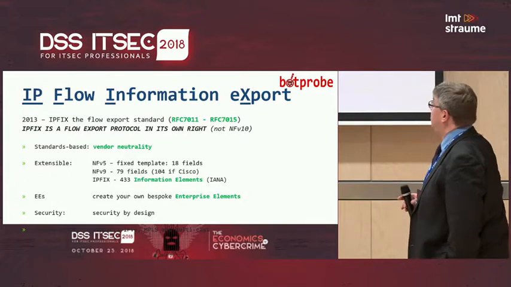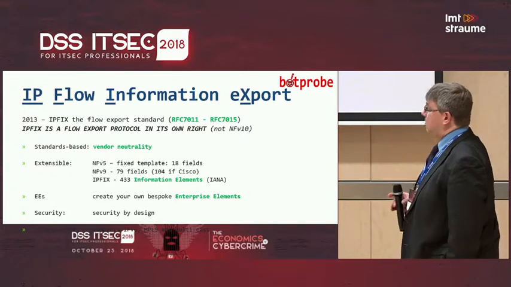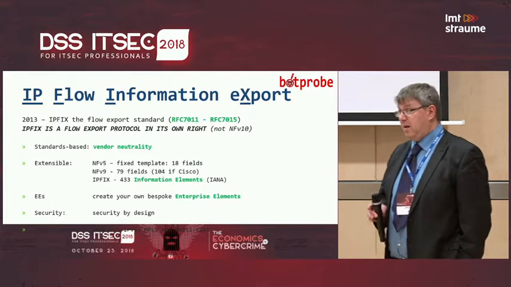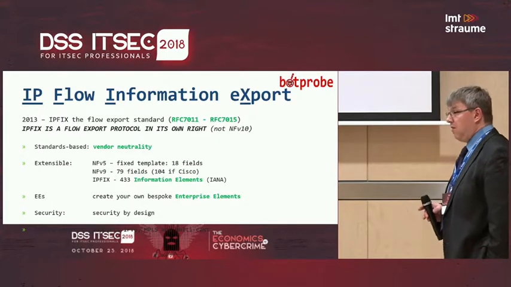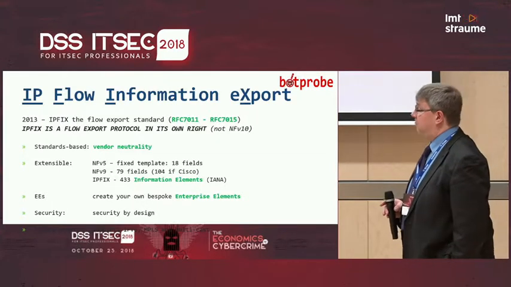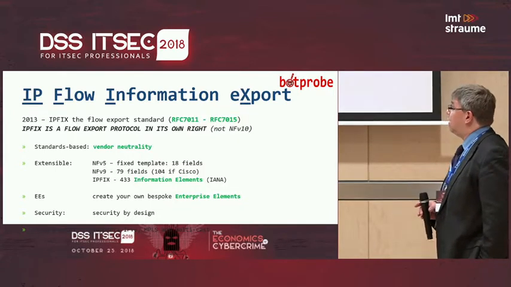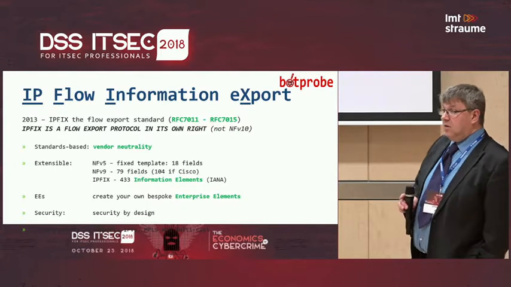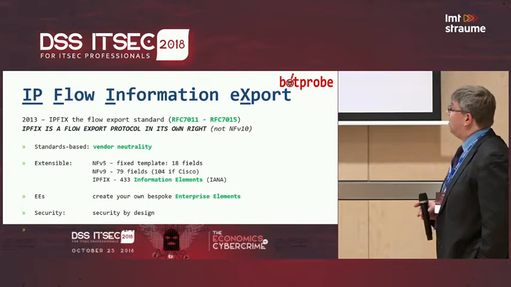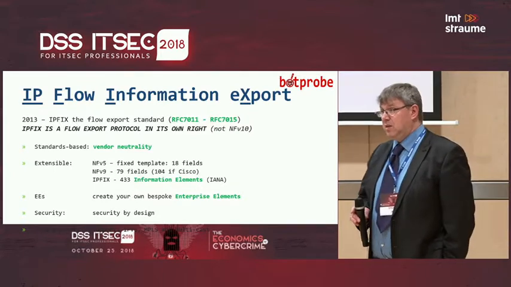It's extensible. NetFlow version 5 had a fixed number of fields. NetFlow version 9 had 79 fields, 104 if you read elsewhere in Cisco's literature. IPFIX has 433 information elements.